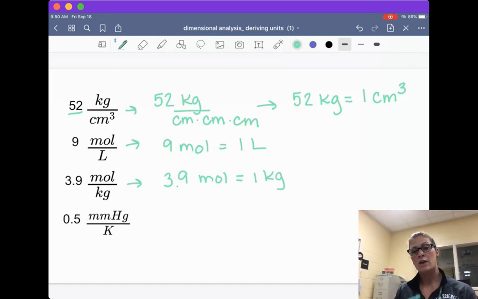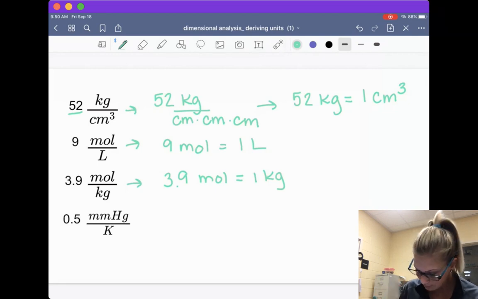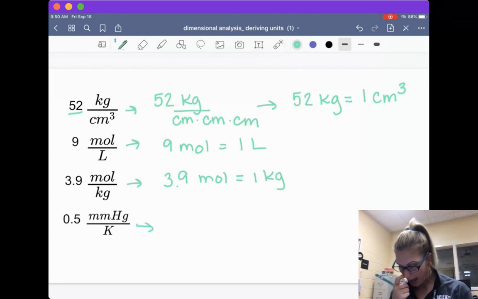Now based off of this mathematical model, we can make predictions. If I had 5 kilograms of this substance, how many moles would that be? Or if I only had 0.5 moles, how many kilograms would that be? Again, it allows for prediction.